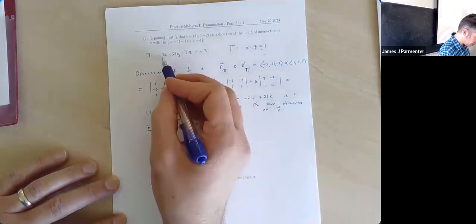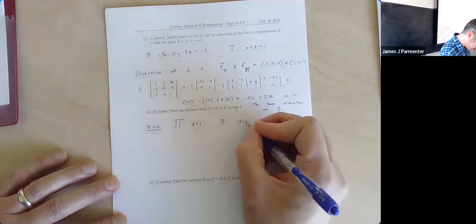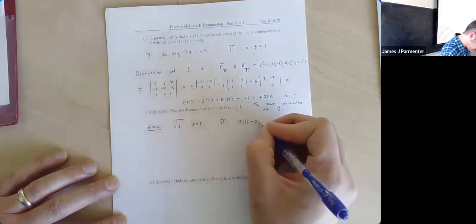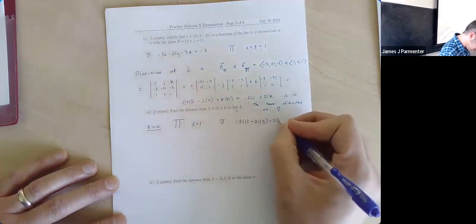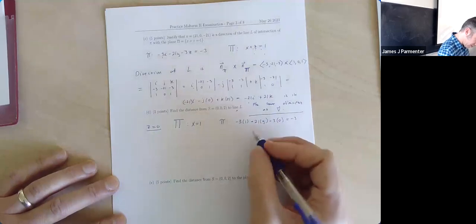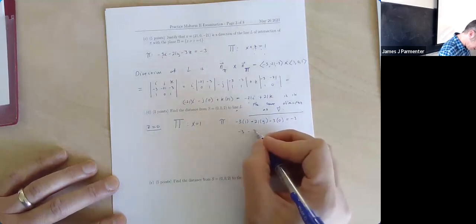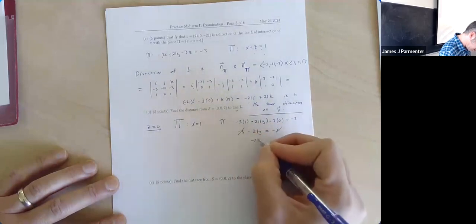So if x equals 1, then I've got negative 3 times 1 minus 21 times y minus 3 times 0 equal to negative 3. So negative 3 minus 21y equals negative 3, so negative 21y has to equal 0.